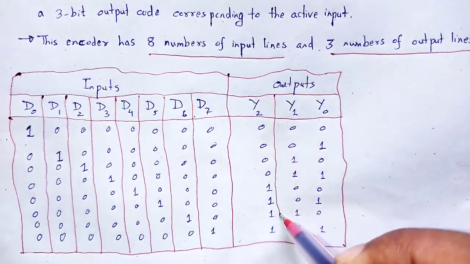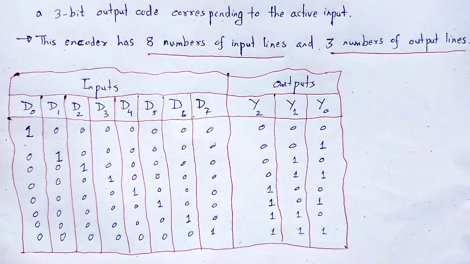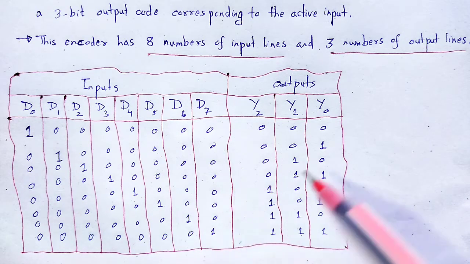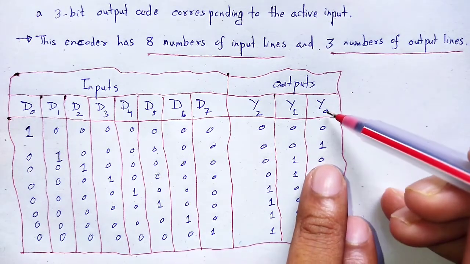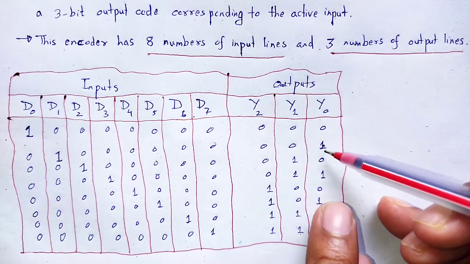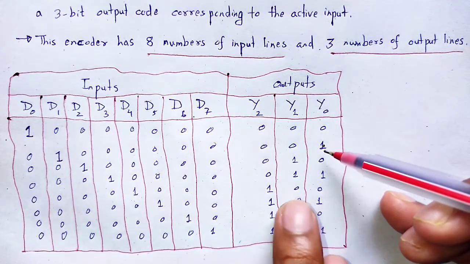Outputs are Y2, Y1, Y0. Now, from the truth table, we can express the Boolean expressions. For y0, the output is high in these cases.